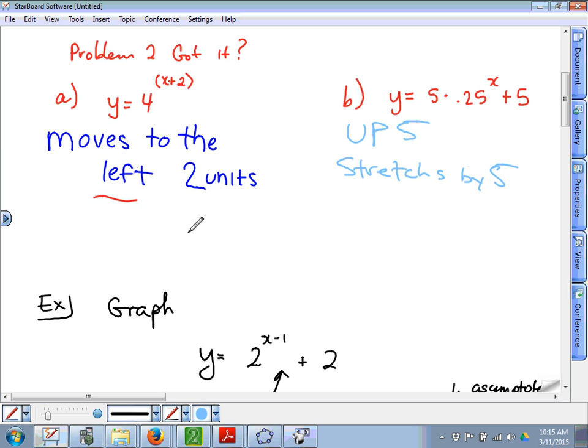Well, we're going to have to repeat that whole thing now. Moves to the left 2 units there, up 5. Dang it, we had that pause for like 10 minutes. That's going to be weird for whoever's watching this. All of a sudden, boom, there's the answers. And I'm just making it more awkward by talking about it. Sorry, whoever's listening to this.